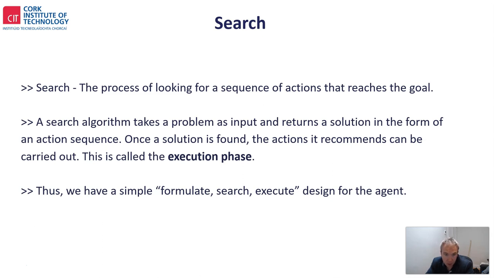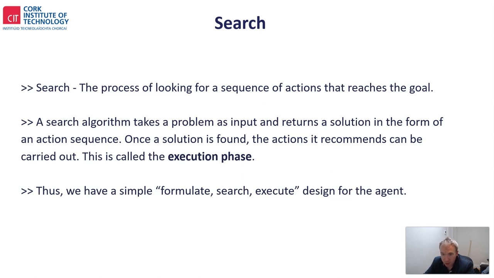Once the solution is found, the actions it recommends can be carried out. So this is the execution phase. Once we've formulated our goal and our problem to solve, the agent will invoke this search procedure to solve it. And then we'll use that solution to guide our actions, doing whatever the solution recommends as the next thing to do, typically the first action of the sequence.